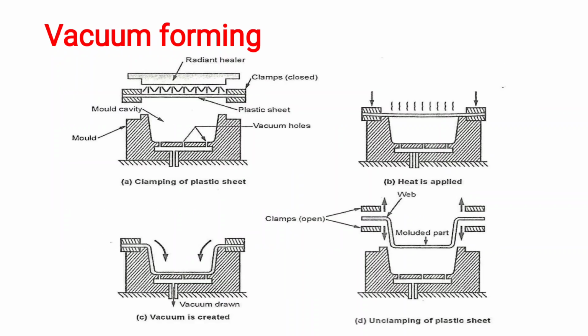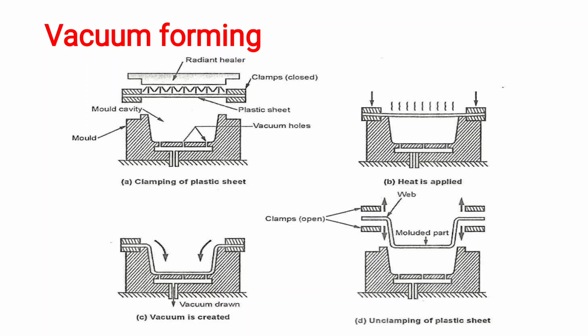In vacuum forming, there are vacuum holes in the die surface. Those die surface vacuum holes are evacuated with the help of a pump, and on top of the mold cavity the sheet will be clamped rigidly. After that, radiant heat is applied continuously, so the plastic is brought to its elastic limit.